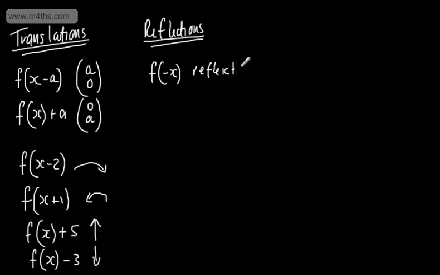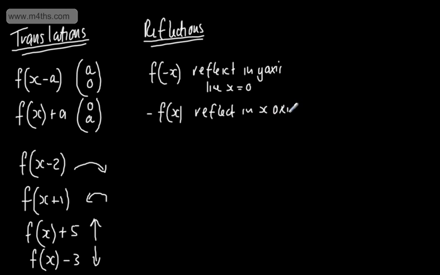If we have minus f of x, we're going to reflect this in the x-axis, so we can say that this is the line y equals 0. Again, if it's on the outside, it's going to affect the y coordinates. If it's on the inside, it will affect the x coordinates.